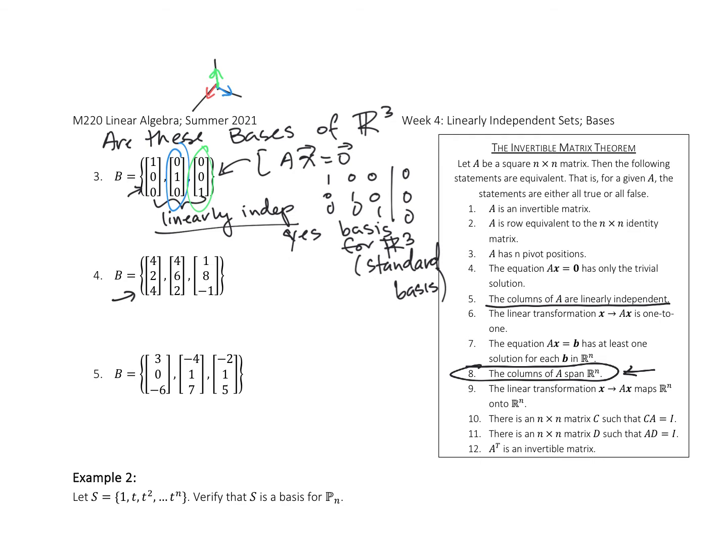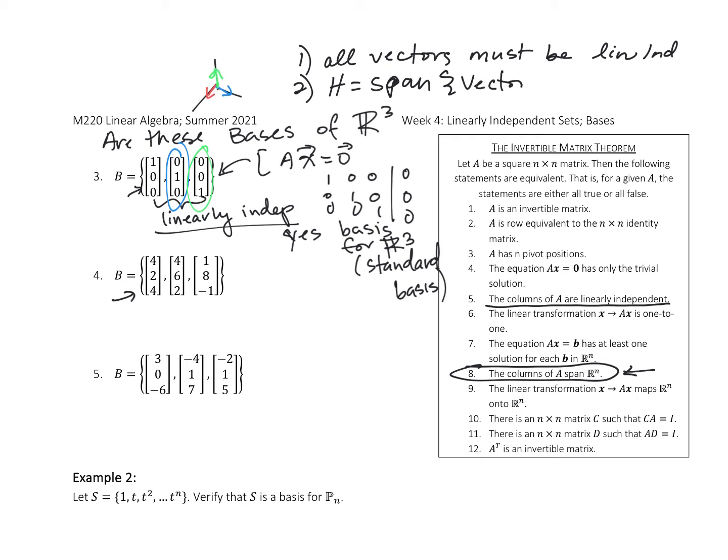So for it to be a basis, we had to say that the vectors must be linearly independent, and the space needs to be equal to the span of those vectors. Right? So here we go.